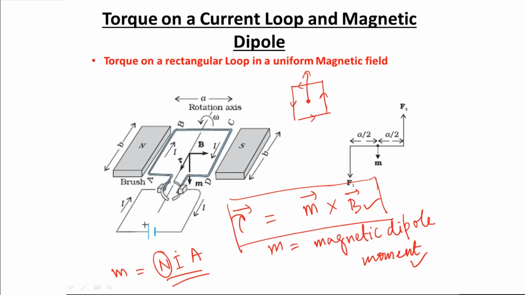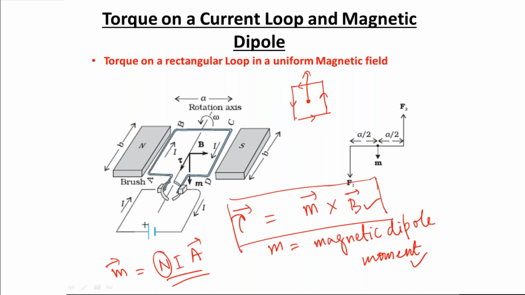And how do we write the magnetic moment? The magnitude of the magnetic moment you will get by multiplying the total current with the area. This is a vector quantity. Since area is a vector quantity, the direction of the area is always the outward normal to the plane of the loop. So that is the direction of the magnetic moment. You can use the right hand thumb rule also.